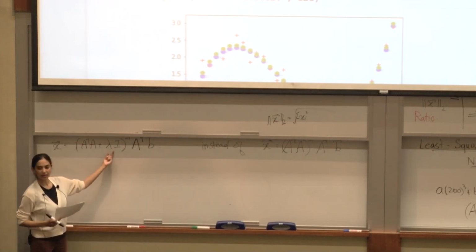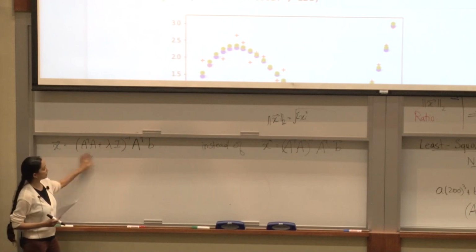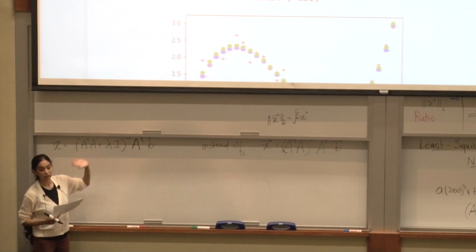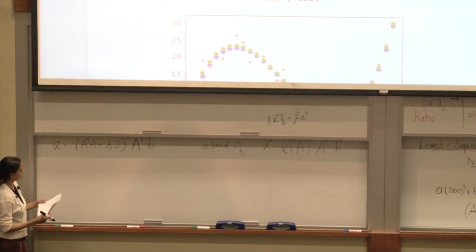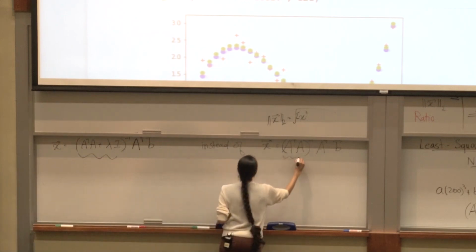By somehow adding this arbitrary lambda I, where we don't even know, we picked some arbitrary value of lambda, this is somehow giving me a more stable solution than I would have gotten without it. Okay?